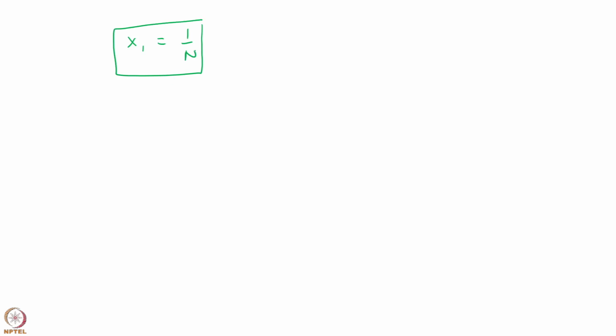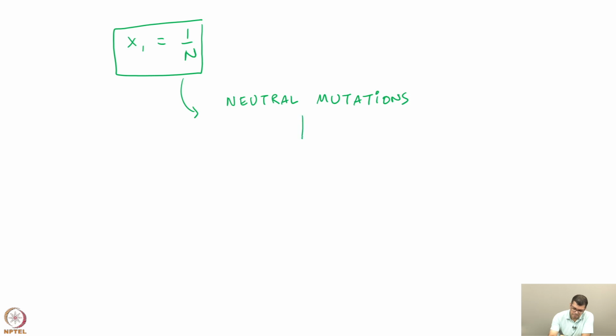It means that neutral mutations, because this entire discussion is when Ra is equal to Rb, when they happen, they have two fates. Either they reach fixation or they go extinct.